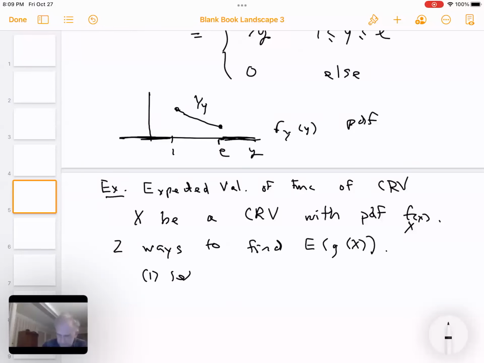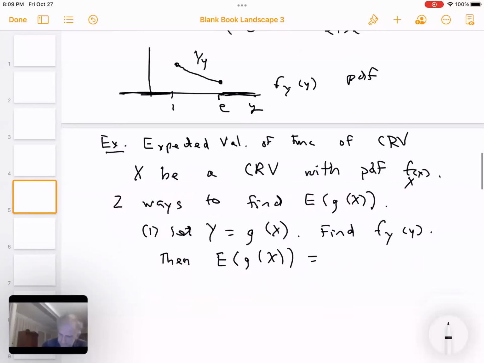So we let Y equal g of X, find the density of Y using the method above, and then E of g(X) equals E of Y, which equals the integral from minus infinity to infinity of little y f_Y(y) dy.